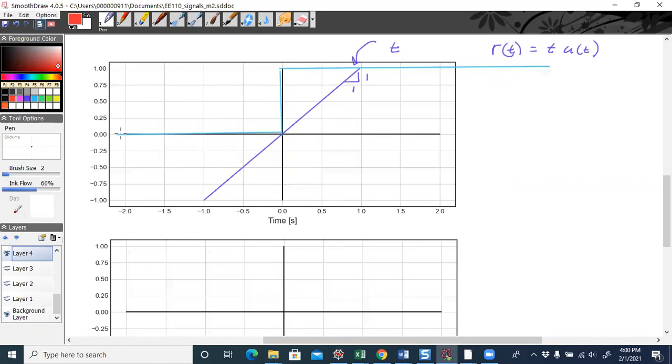So ramp t, actually before we switch to that, that's u(t).